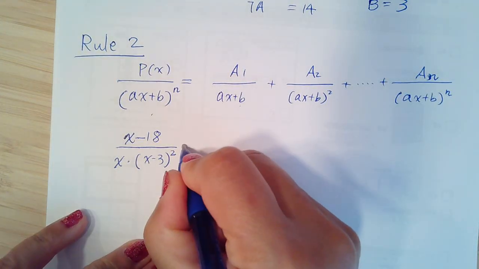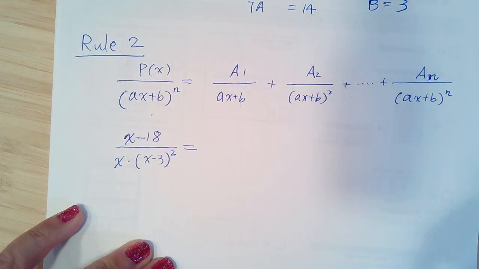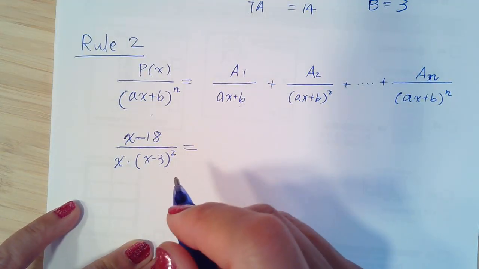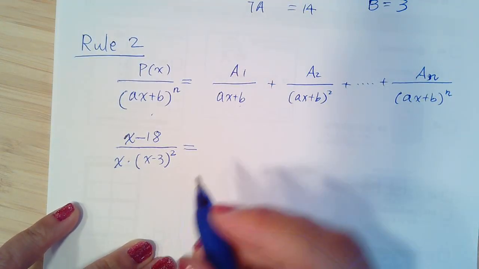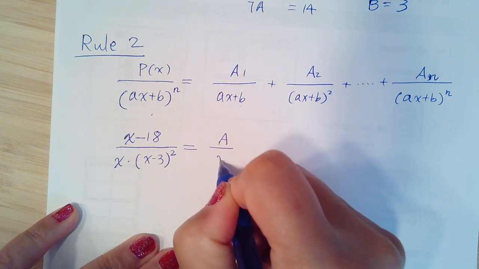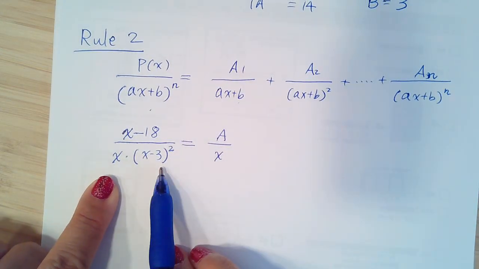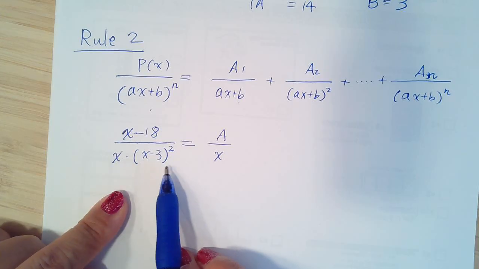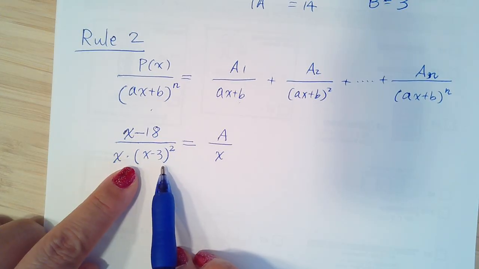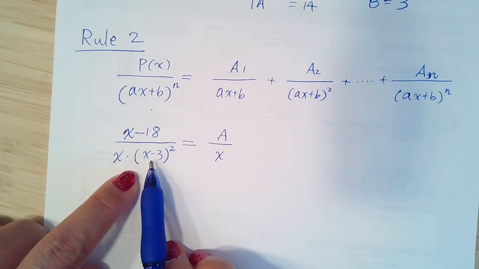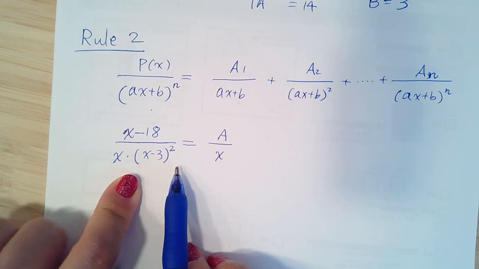So I will say this. This one, I can break that into a over x. And then here, do you remember for the rule number 1, I said here they are all distinct, which means they're all different. But this one, I have x minus 3 and x minus 3.